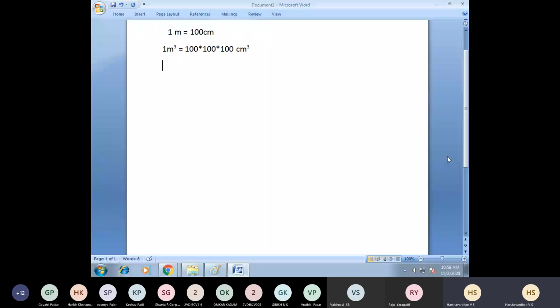Therefore, 1 centimeter cube will be equal to 1 divided by 100 cube meter cube.